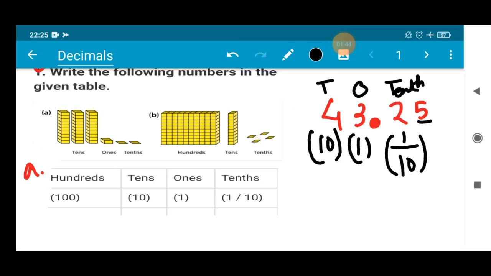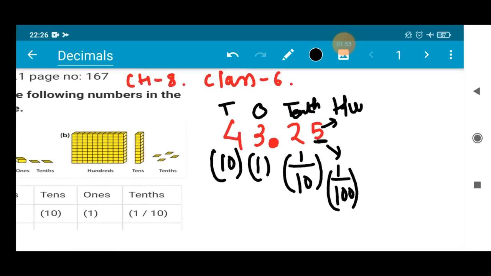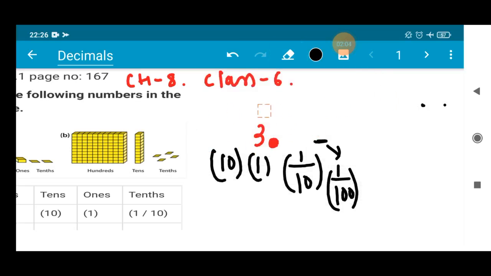For the 5 here it is hundredths, so it is written 1 by 100. This is the place value of the 5 here, hundredths, and the suffix 'th' should be mentioned like this. I discussed all this in the introduction class, right?